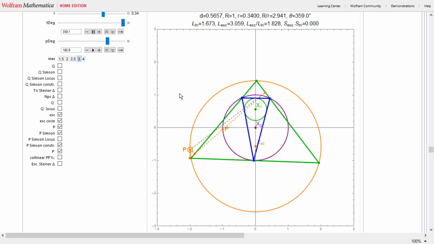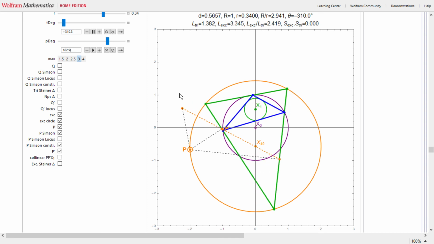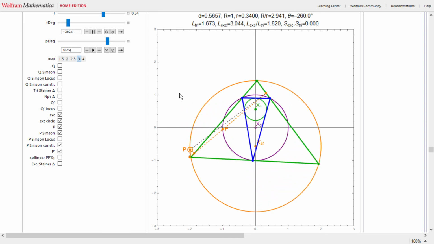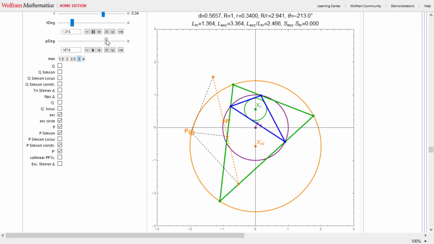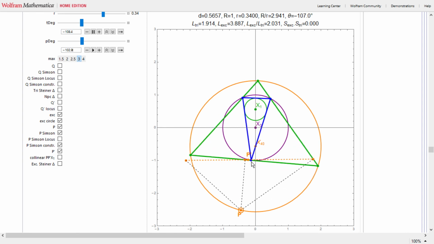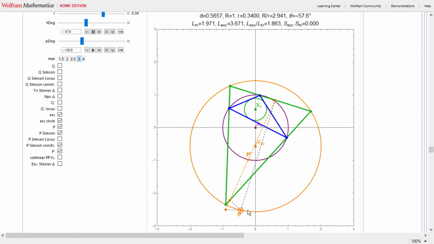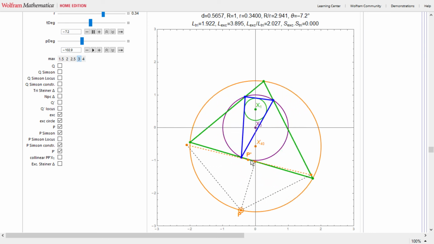So we can see here a set of Simson lines emanating from a fixed point P, and these are all passing through a common point P prime. Now you're going to notice that as I vary P, point P prime also varies, and that it is sliding over the circumcircle of the reference triangle. So wherever I place P, P prime is going to be on the circumcircle of the reference triangle.